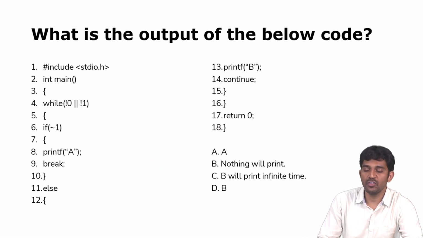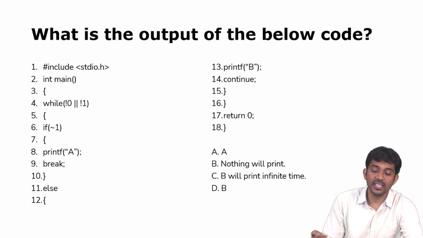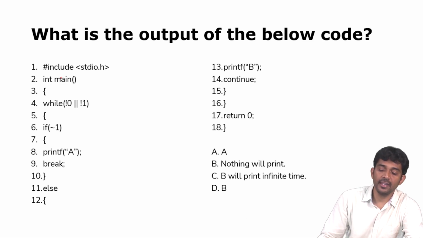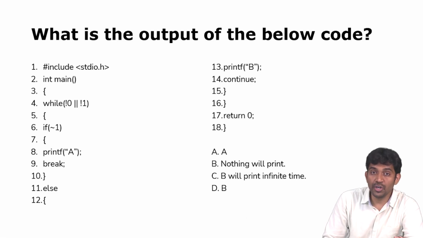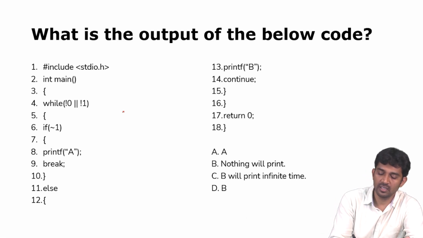Next, what is the output of the below code? This is one more question. See, if you observe here, int main, and while not 0. Not 0 means it goes to true.